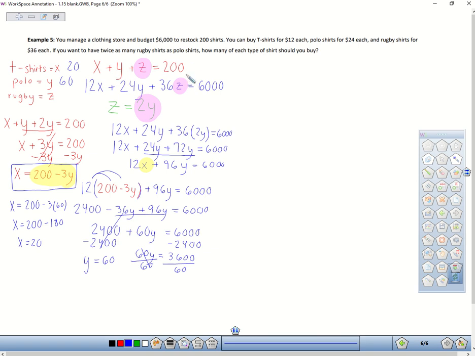You can either know that the total is 200 and subtract away from 200, or you can plug into this equation right here for rugby shirts. So we know rugby shirts is equal to 2 times the number of polo shirts, which means how many rugby shirts are there? 120. And your answers should add up to 200, which they do.